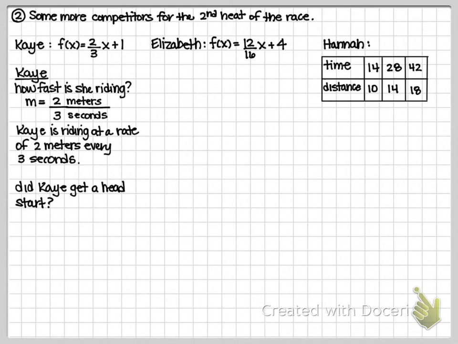So if I take a look back at that, yeah, it looks like she did. Because b in the equation was positive 1, this is telling me that she got a 1 meter head start. So I would say yes. Okay, got a 1 meter head start.